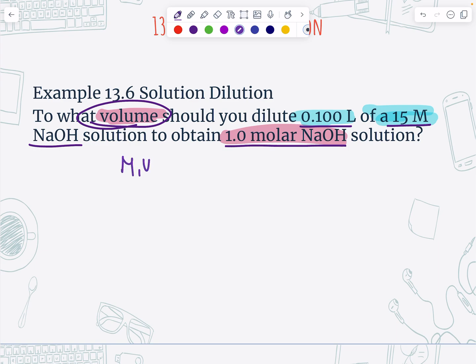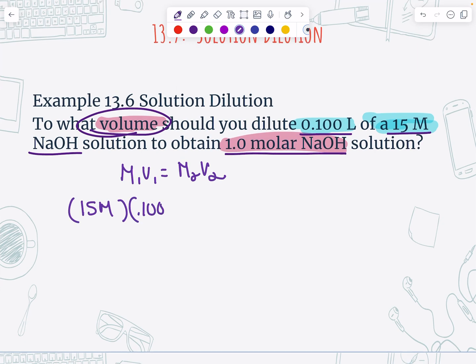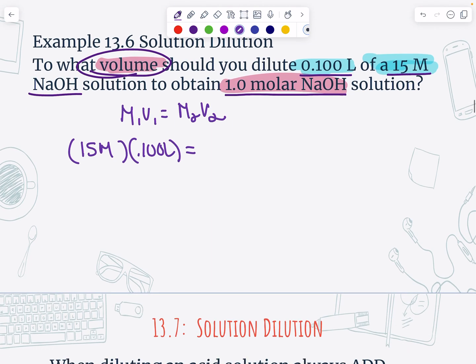So M1V1 equals M2V2. My strong molarity is 15 molar. And what volume will I have of that? 0.100 liters. My new molarity is going to be 1.0 molar, and I don't know my new volume.